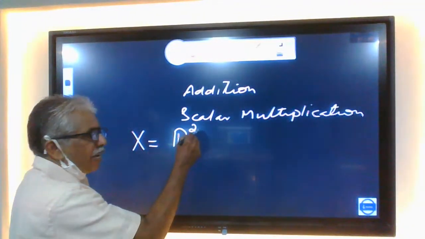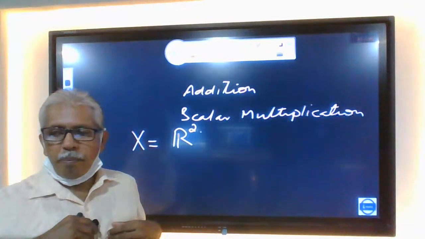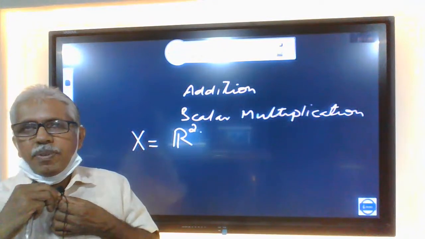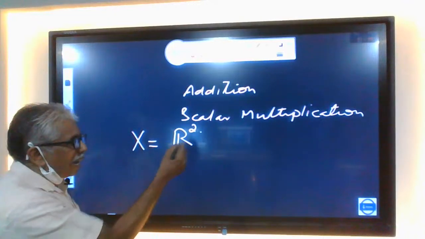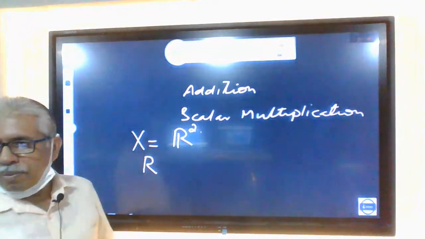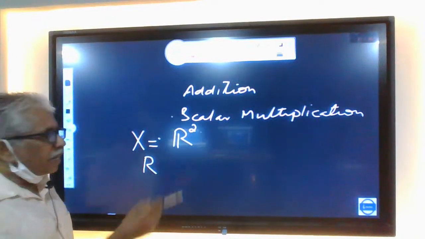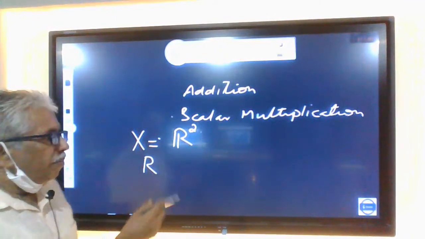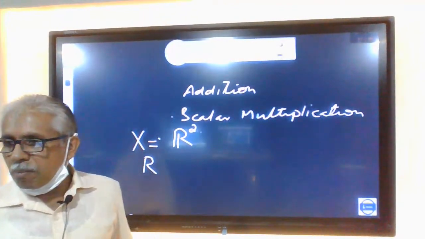When you do it on the plane R2, X equals R2, and when you take the scalar, the scalar will be from R. So X is a set with many points, so you would say X is a non-empty set, and R is the set of real numbers.